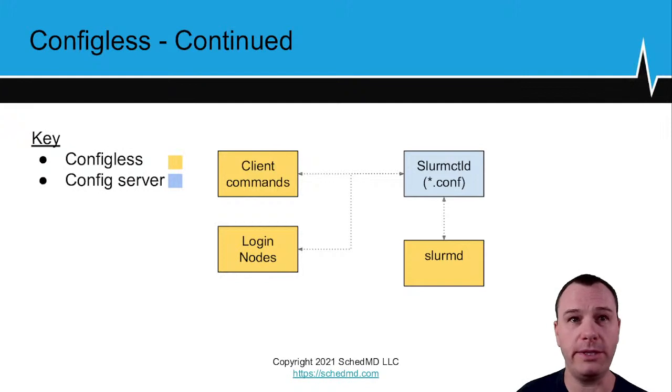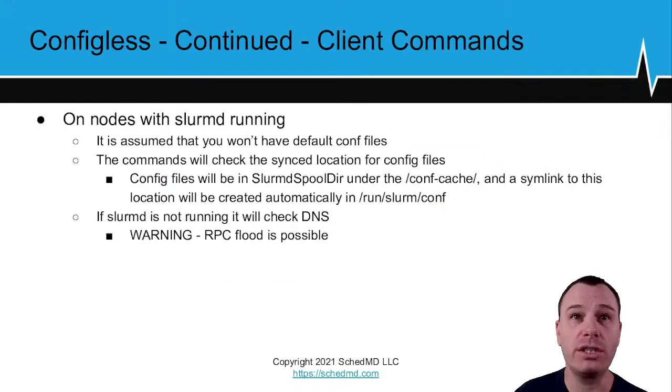This includes Slurmd. Some caution should be taken for clients. There are basically two ways that work. On nodes with Slurmds running, it is assumed that you won't have a default slurm.conf file, so it just checks in the synced location for one. By default, this is the conf-cache directory found in your Slurm spool directory.